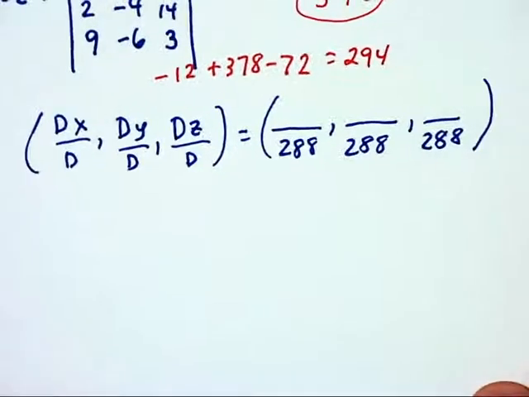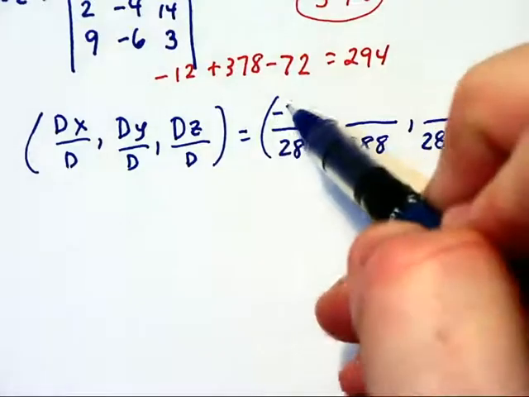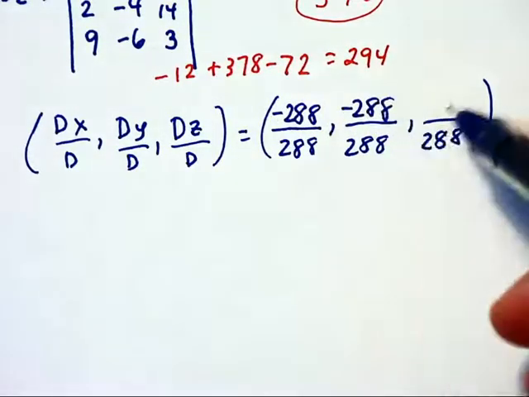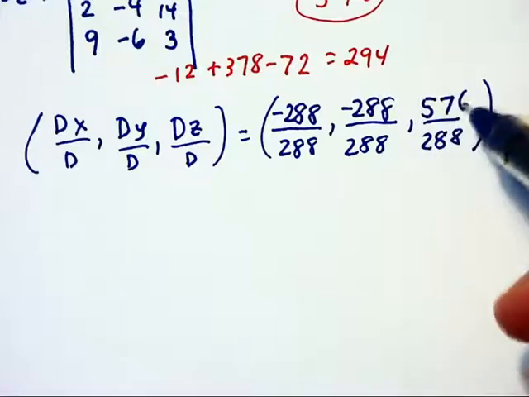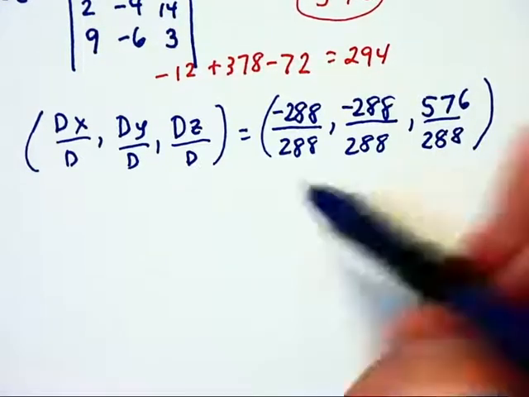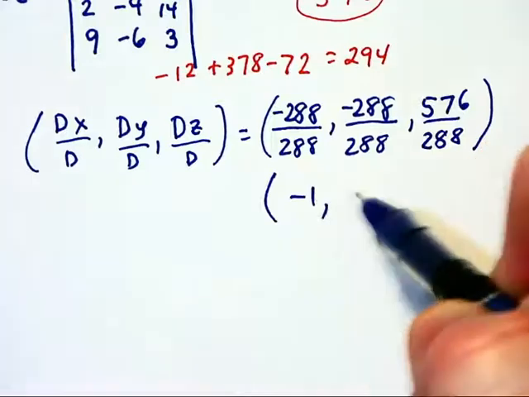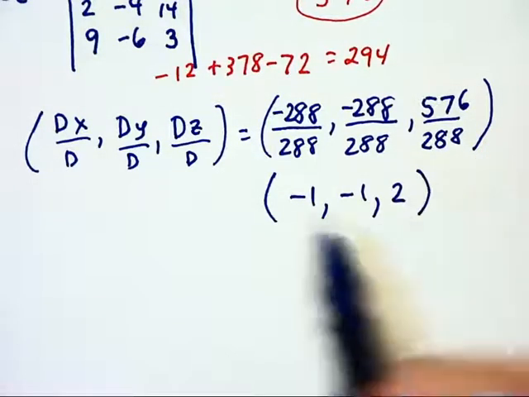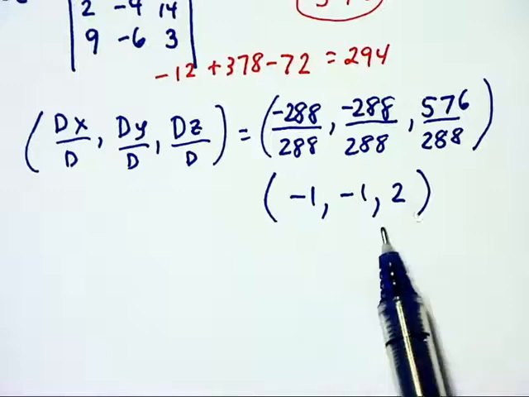And our three numerators, dx is -288, as is dy, and then dz is 576. Reducing these fractions, we have the solution set -1, -1, 2, which is very checkable by substituting it into the original problem.